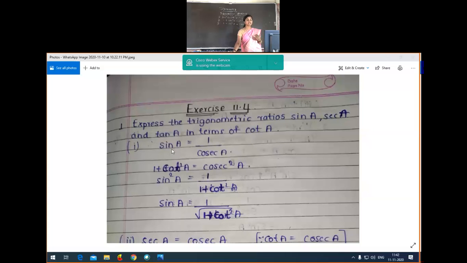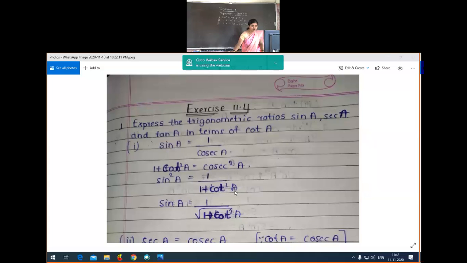We know that sine is nothing but 1 by cosec A. Then we know the third identity: 1 plus cot square A is equal to cosec square A. Because sin A is 1 by cosec A, then sin square A is 1 by 1 plus cot square A.